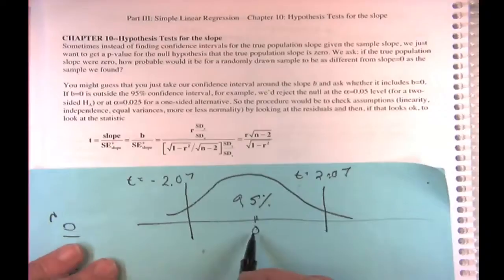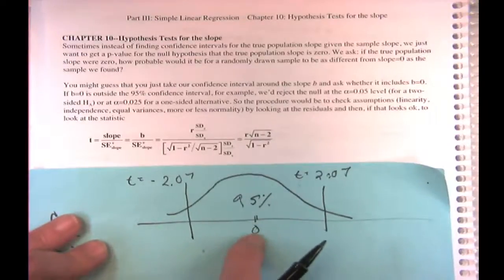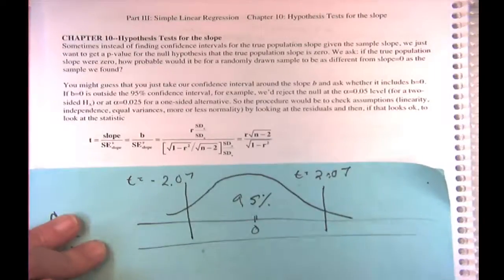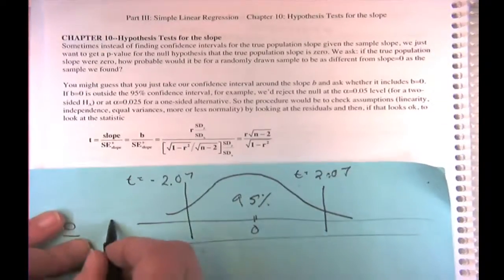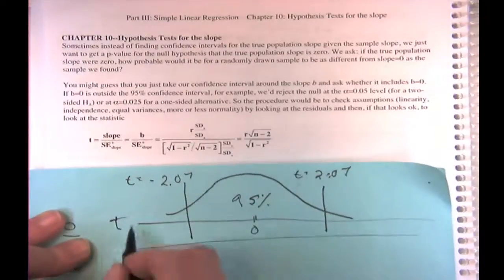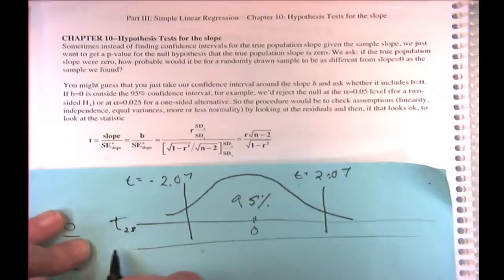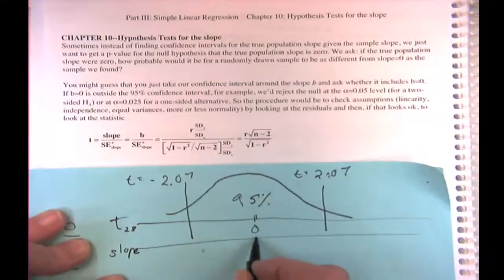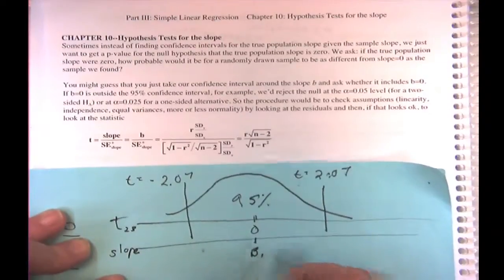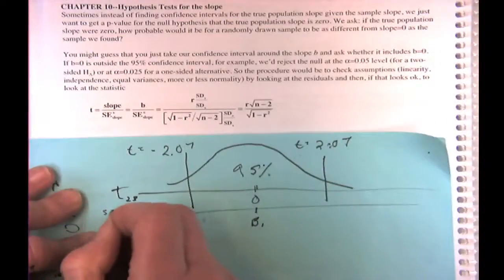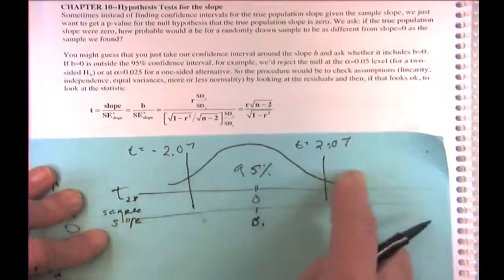So if we were using a t-distribution, this particular one is for 23 degrees of freedom. And then right here would be the slope. This is the true value of the slope, and we just have our sample slope here, and it follows this distribution.